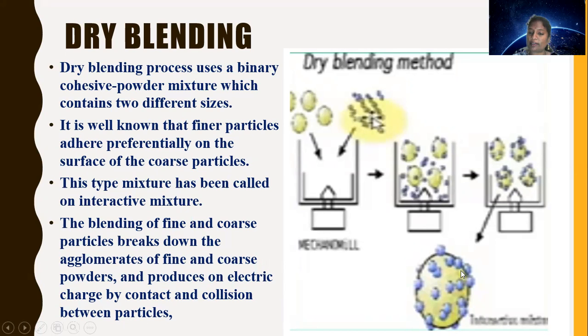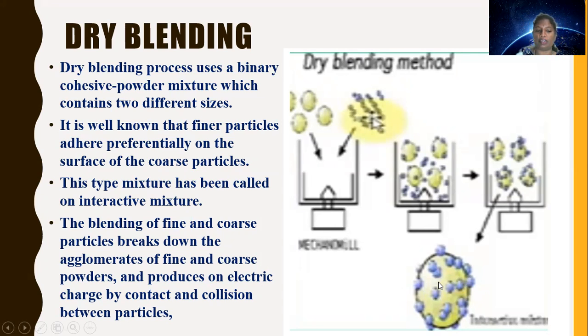So how do these materials adhere or become cohesive? When they interact, by contact or collision between the particles, electrical charges will be produced. Because of the static electric charges, the fines will stick to the large particles, the coarse particles.